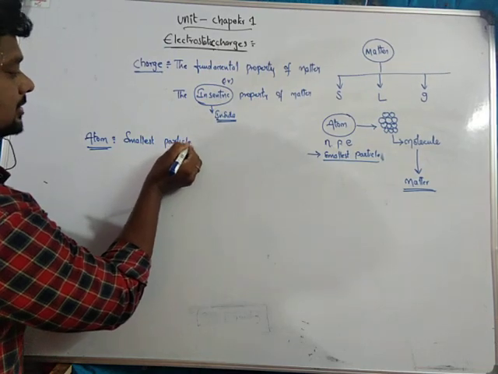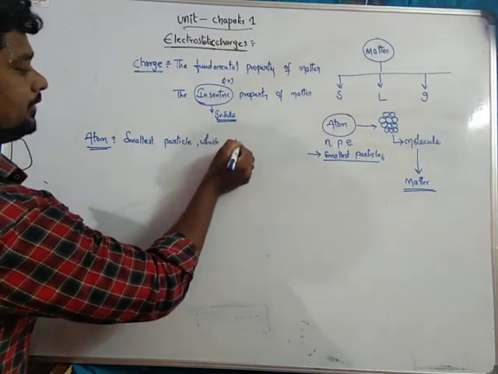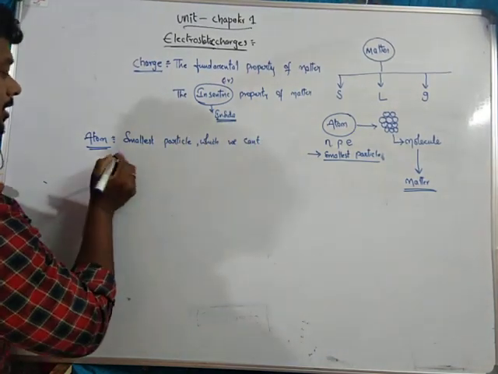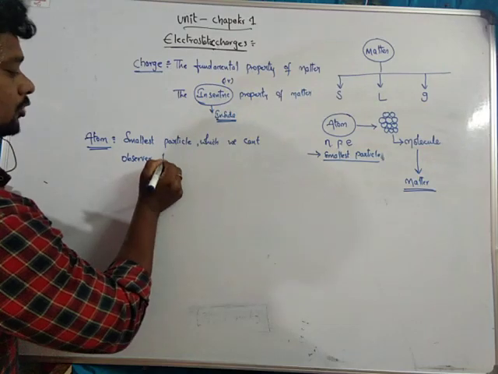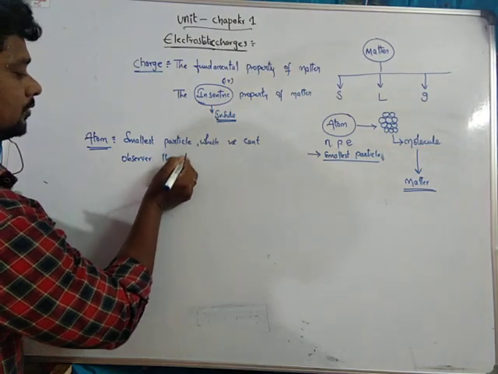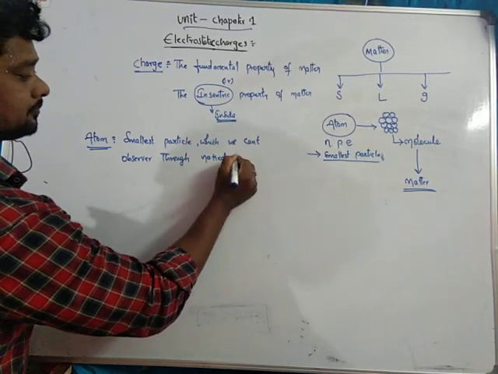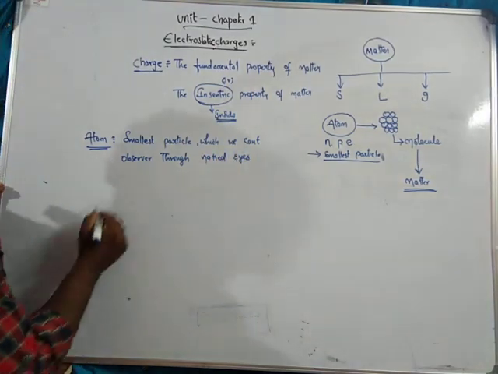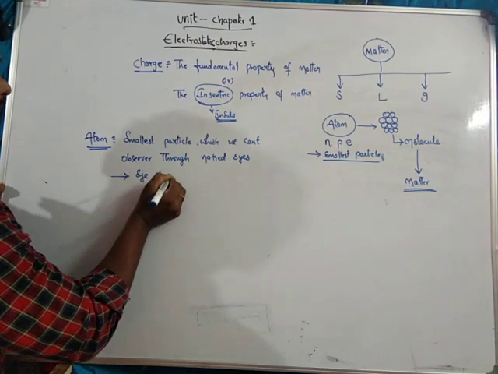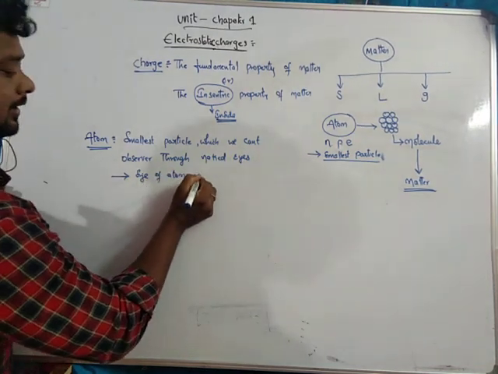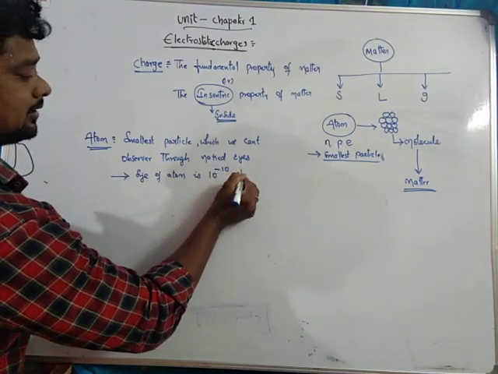Atom is the smallest particle which we cannot observe through naked eyes, because the size of an atom is 10 to the power of minus 10 meters.